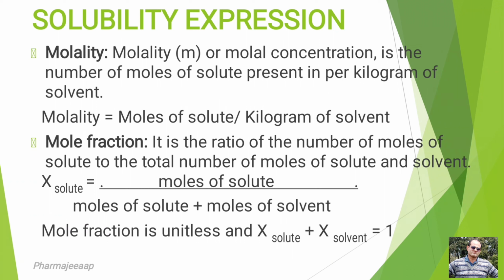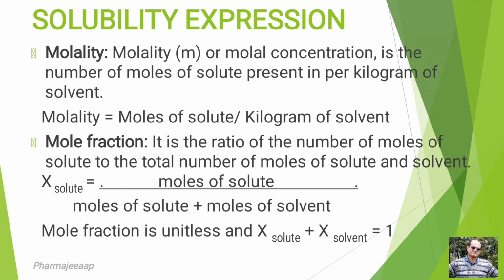Molality, or molal concentration, is the number of moles of solute present per kilogram of solvent. Remember, in case of molality, we consider the weight of the solvent in kilograms. But in case of molarity, we take 1 liter of solution.